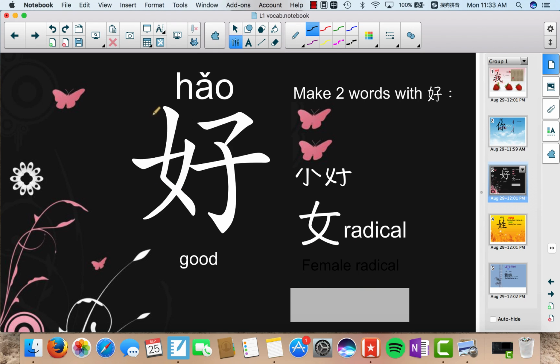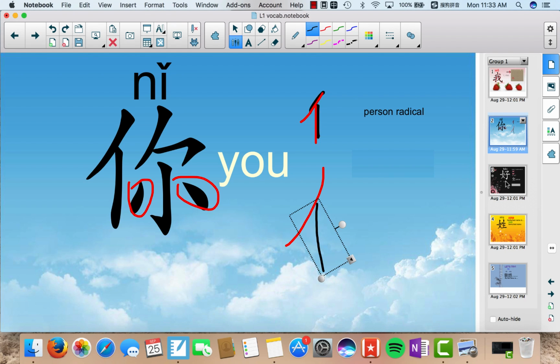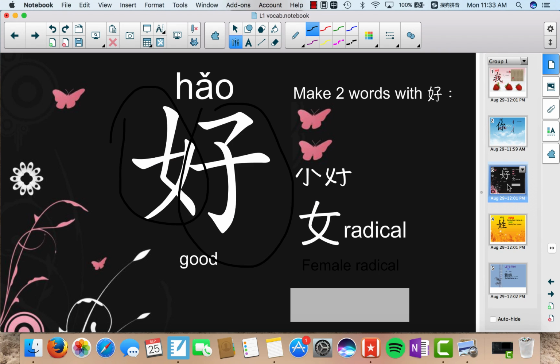This character is interesting. The left part translates to female or girl. The right part translates to son. So we believe in a family, when you have a girl and a boy, a daughter and a son, a female and a male together, it is very good. Okay? So this is character 好. Together, you got your first word, 你好. Literally, you're good. So that's how you say hello in Chinese.